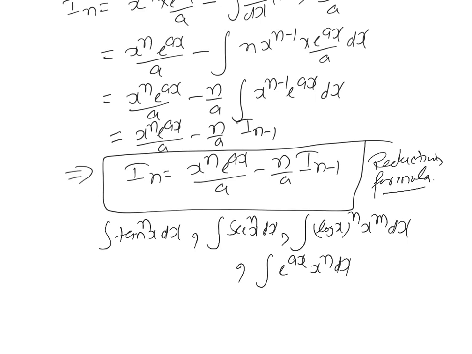We have derived their formulae, and also found the value of some specific integrals like tan cube x and secant 6x based upon the reduction formulae of secant x raised to the power n and tan x raised to the power n.